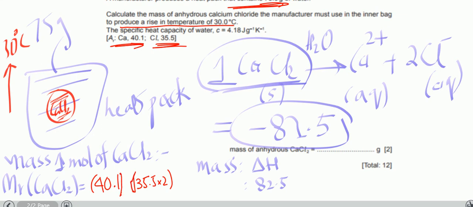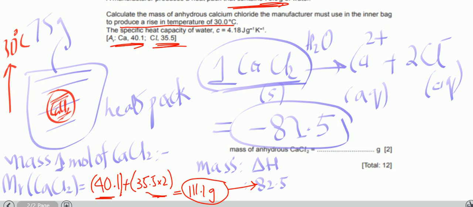The mass for chlorine and the mass for calcium are supposed to be added, not multiplied. So we have 40.1 for calcium, and for chloride we have 35.5 into 2 because we have 2 chlorines, and we're gonna add these up and we get 111.1 grams.